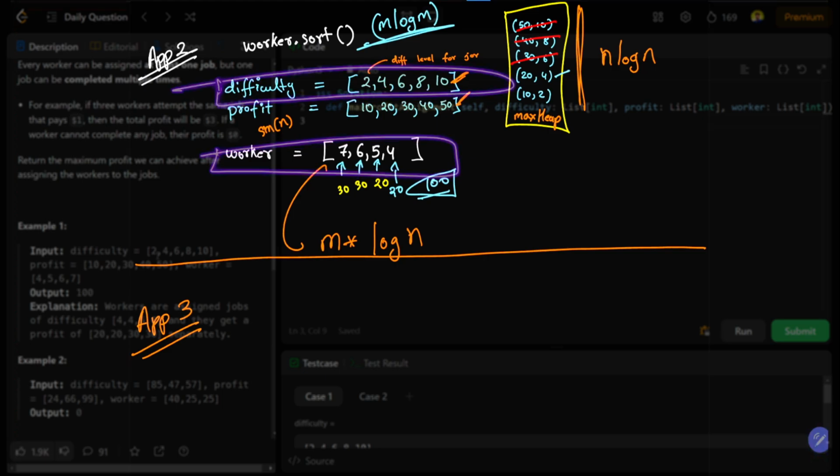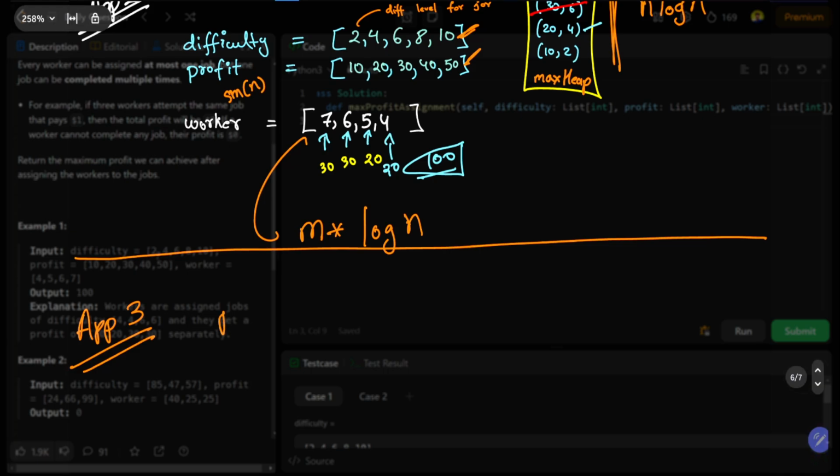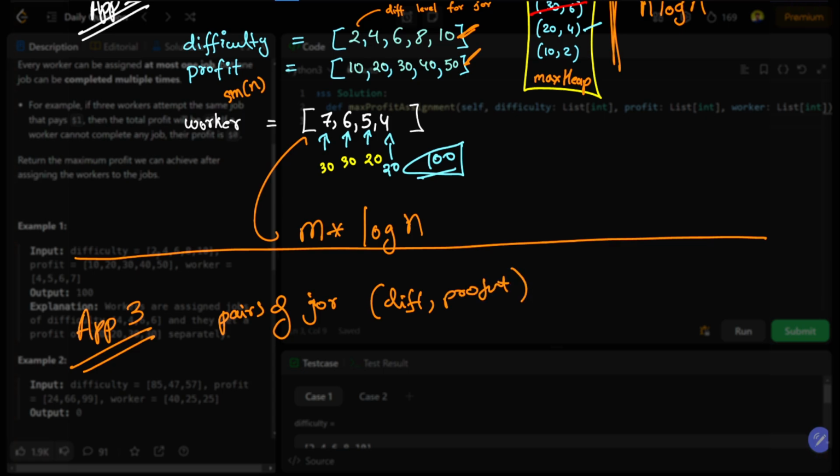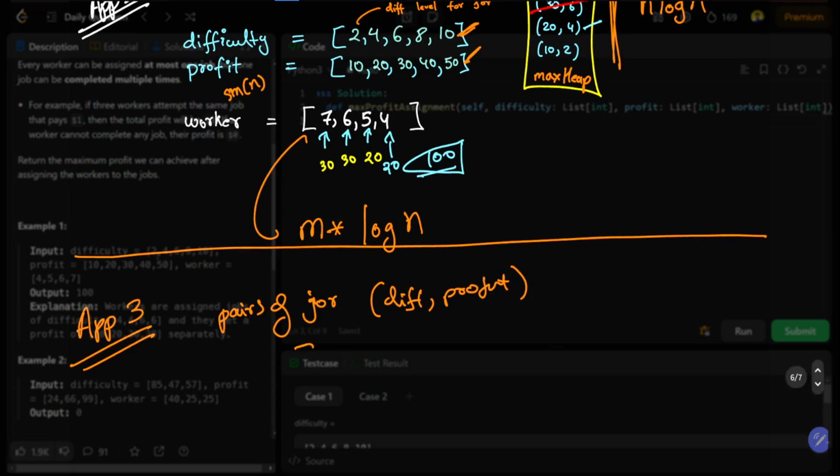So I might have pairs of jobs, in which I have my difficulty and profit. This creates a group with data in sorted order.